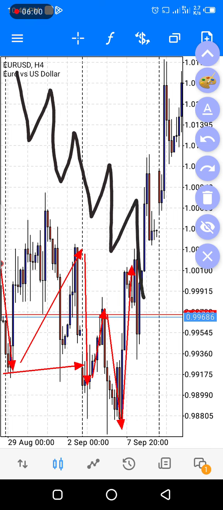We're having a low here, a lower low here. We're having a high. You're having lower lows and lower highs. This is a lower high, this is a lower low, this is a lower high, this is a lower low.